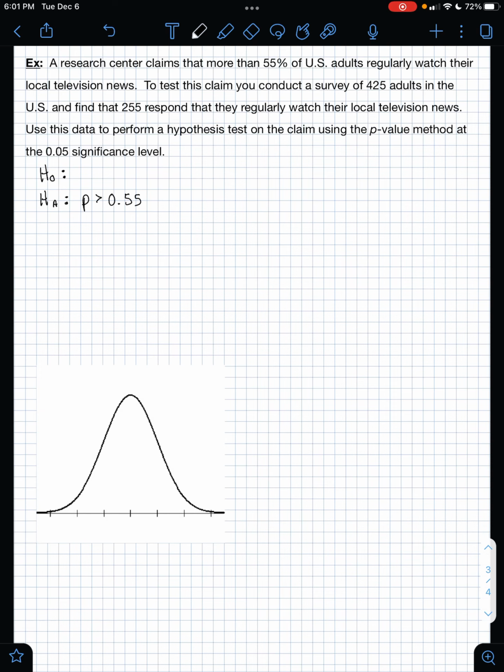And that makes it the alternative hypothesis because there is no statement of equality. The null hypothesis then would be the contradictory statement that p is less than or equal to 0.55. But the claim, in this case, is actually the alternative hypothesis. Now, we are also given the significance level, this time at 0.05.